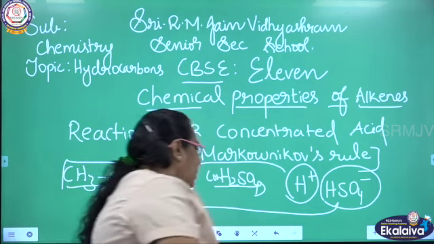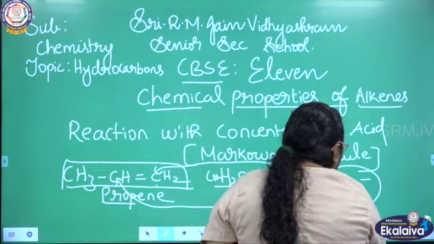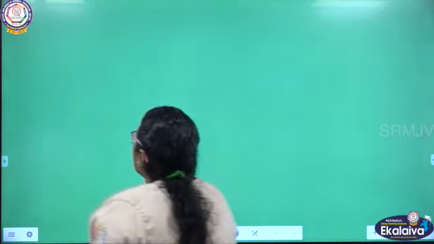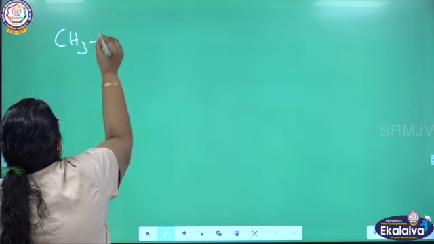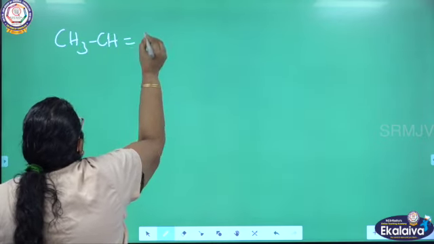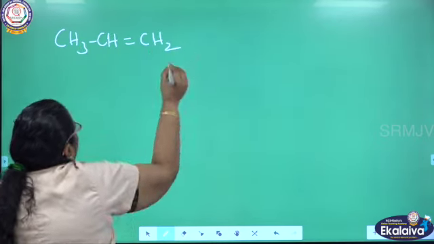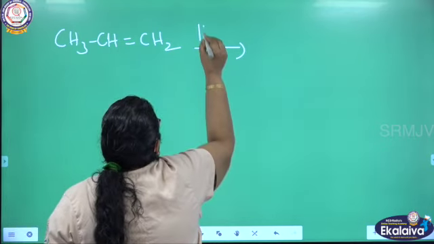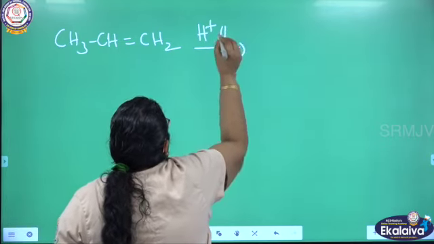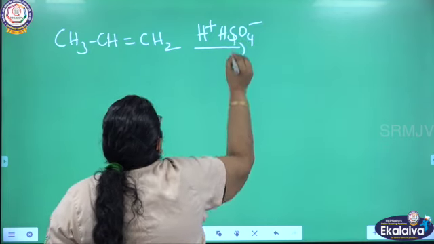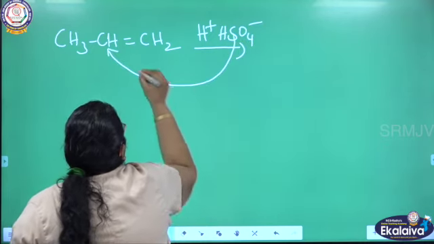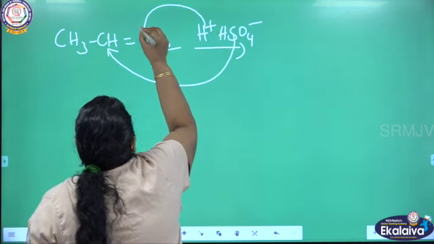So let me see the product now. I am going to write the product on the next page. Once again I will write the reactant: CH3 single bond CH double bond CH2. I am splitting the sulfuric acid as H plus and HSO4 minus. HSO4 minus is added to this carbon and H plus is added to this carbon.